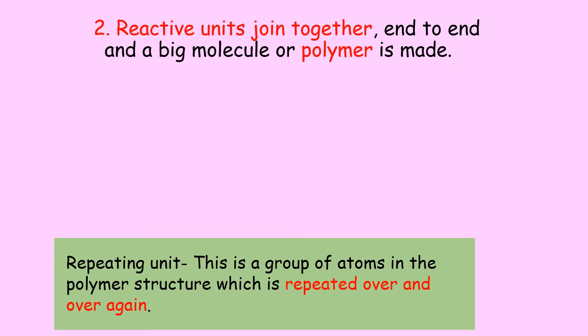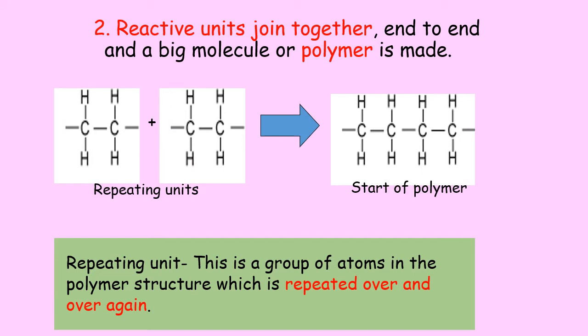Now, once you've got your reactive units, they join end to end to make a bigger molecule or a polymer. So for example, if we have two repeating units, it will look like that. And it repeats over and over again. When we have a polymer, it's often very difficult to actually know how many carbons are in the final chain of the polymer.